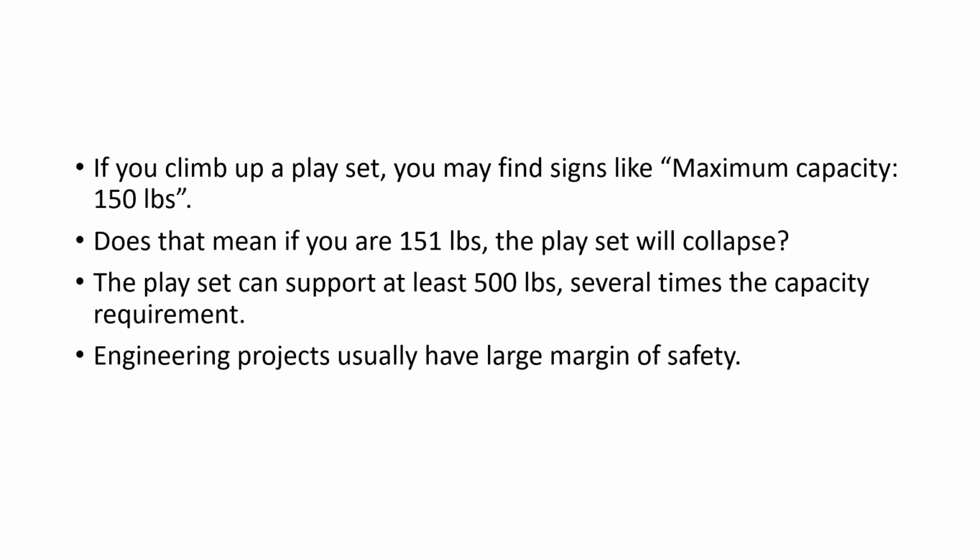If you climb up a playset, you may find signs like maximum capacity 150 pounds. Does that mean if you are 151 pounds, the playset will collapse? The playset can support at least 500 pounds, several times the capacity requirement.